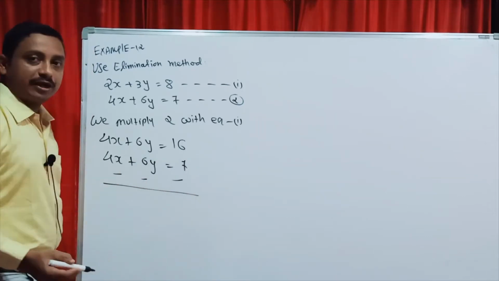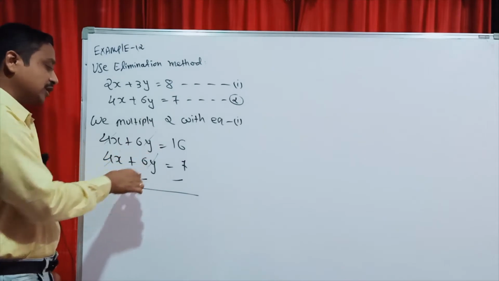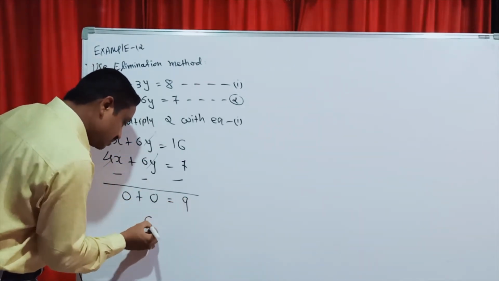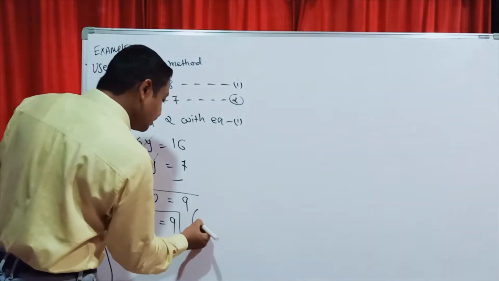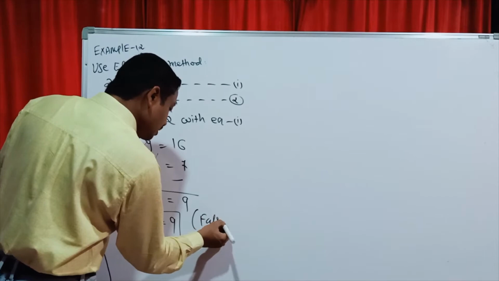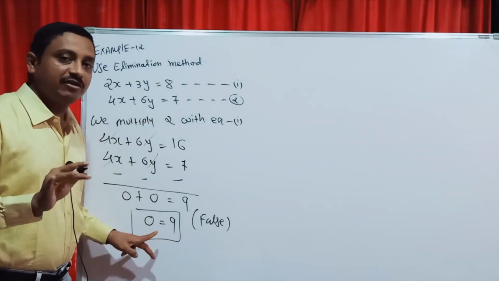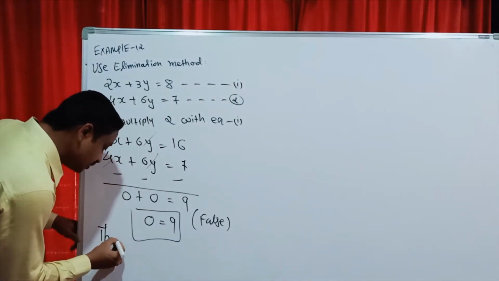I eliminate the x value, but by default y is also eliminated. You only get 0 plus 0 is equal to 9. 0 is equal to 9, students. It is not true, it is false. If a true statement comes, then there is a different answer, and if a false statement comes, then there is no solution.